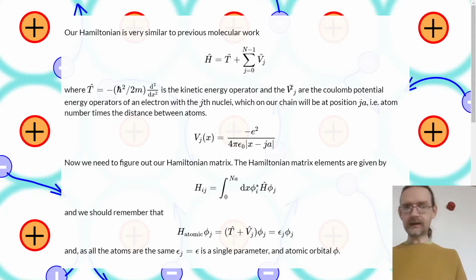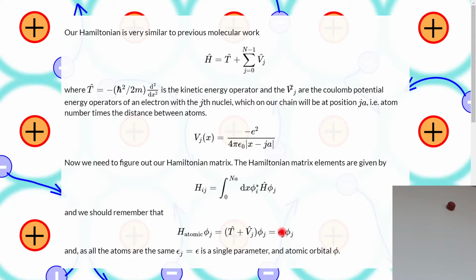And we're going to use the same trick, the same observation as last week: if our Hamiltonian is a Hamiltonian for an atom, containing just the kinetic energy and the interaction with a single atom, so if I've got T plus the interaction with J, and it acts on the atomic state on atom J, then that is a correct Schrodinger equation.